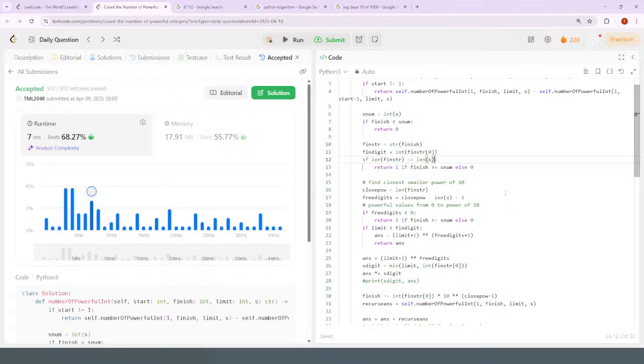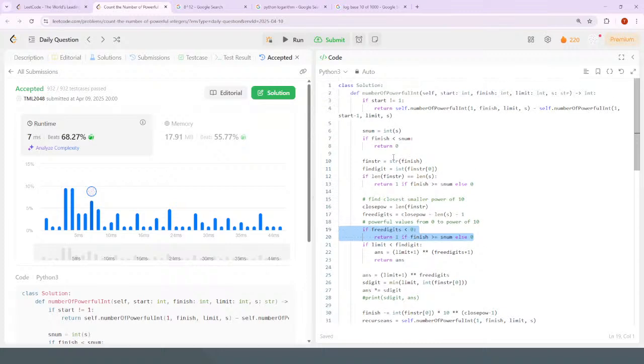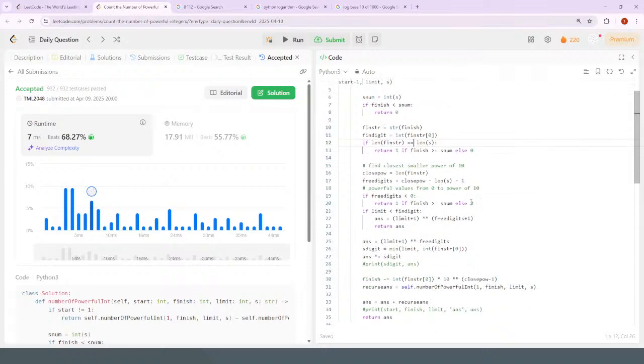I wonder if this is necessary. I don't think this is. If the number of free digits is 0, then the length of the finish string is equal to or less than. No, equal to. Yeah, that's probably when you actually have 0 free digits.